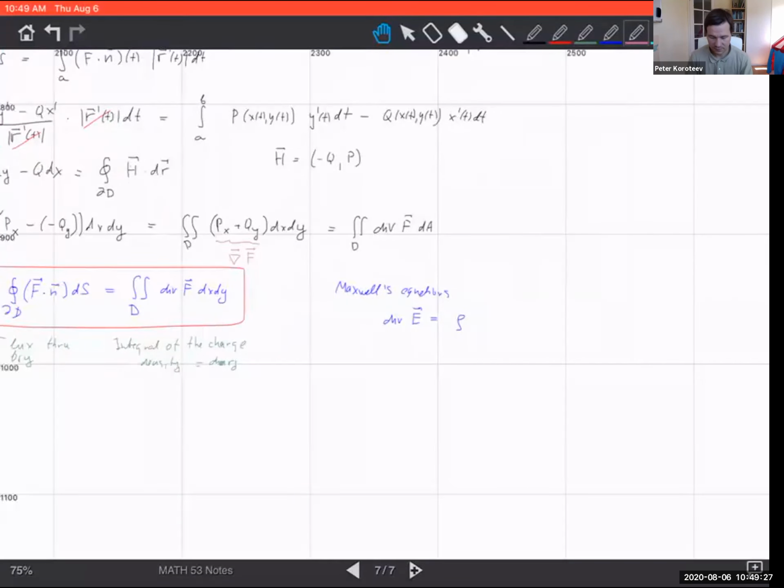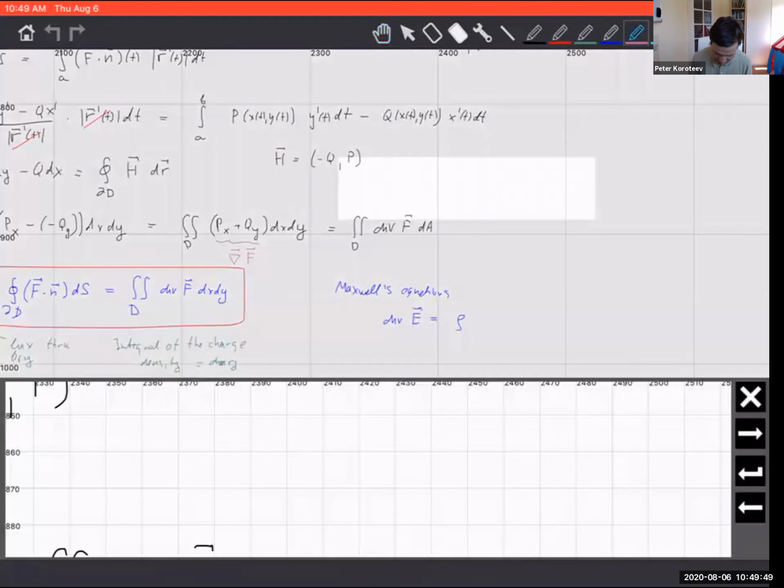Just for completeness, let me write down Maxwell's equations. There are 4 of them. The first one we already have: divergence of E is equal to rho. I will write them in differential form and then in terms of the fluxes.